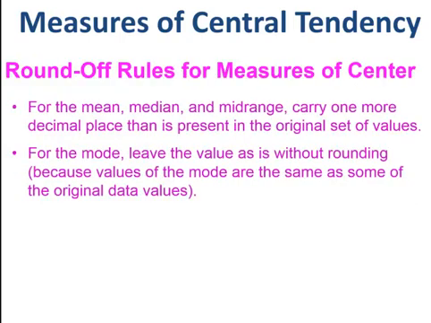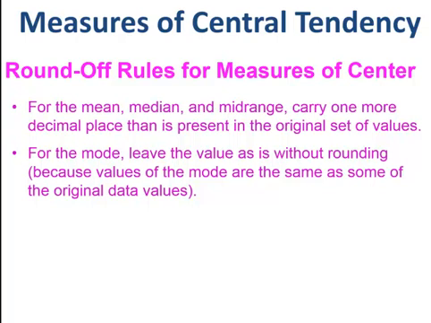When we're rounding for the measures of central tendency, we're going to use the round-off rules. For the mean, median, and mid-range, you carry one more decimal place than is present in the original data set.